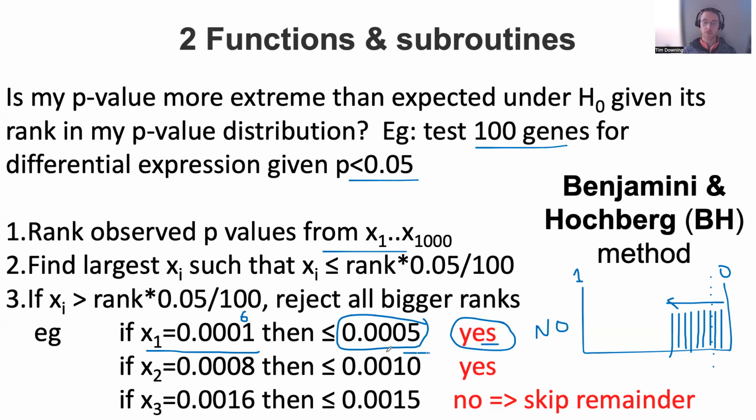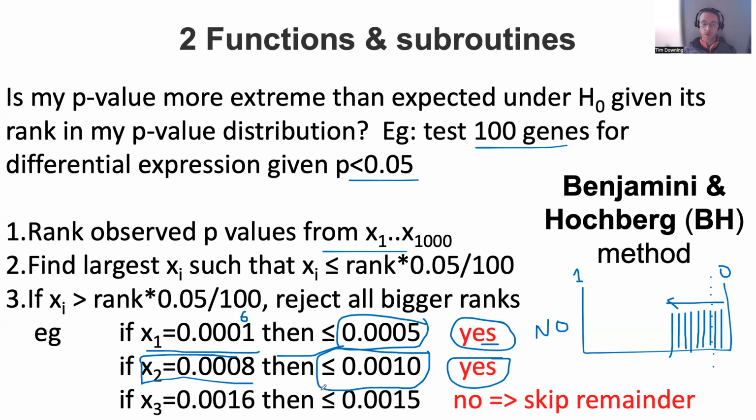So next we move on to our next rank, and we ask, is this less than 0.001, does it meet that criterion? For x2, we say yes, that does. Note that x2 is actually above the original threshold, but for the second ranked p-value, it is still extreme. So you say, yes, this is extreme. It's worth further exploration in the context of everything else about this particular study.